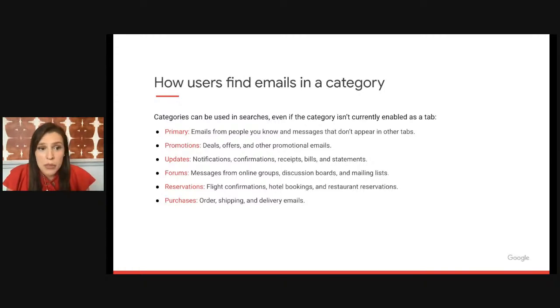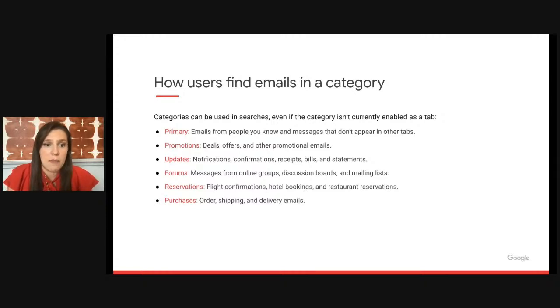Then there are forums that you might be subscribed to. Think a mailing list or a newsletter distribution list, something like that might be categorized in forums. Then we have reservations: flight confirmations, hotel bookings, restaurant reservations, so they're easily accessible for when you have to go to that next event or take that next trip.